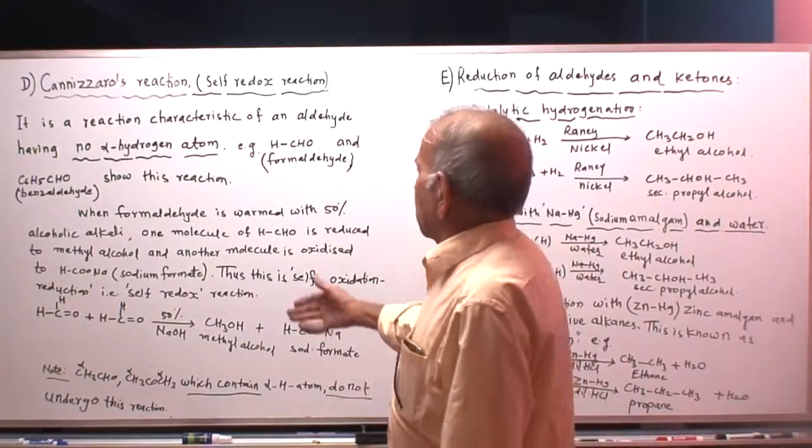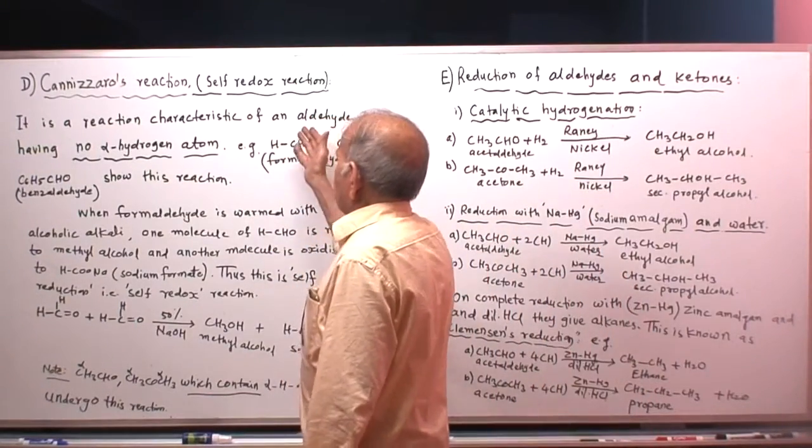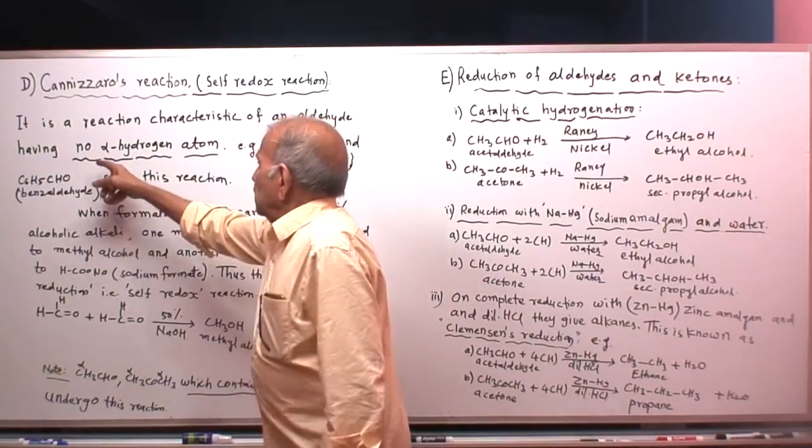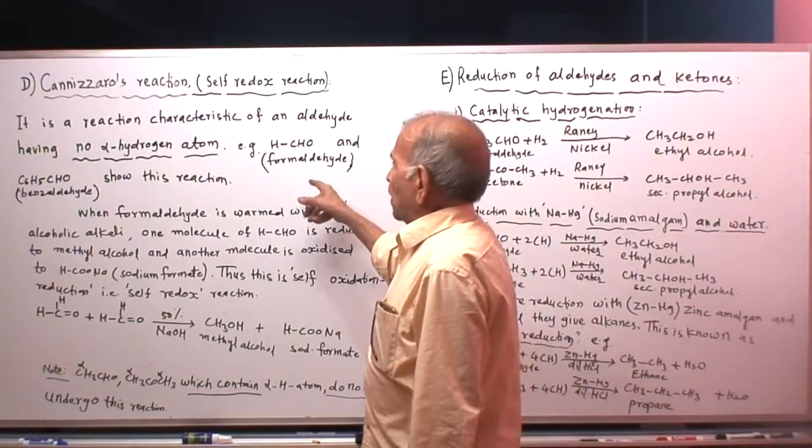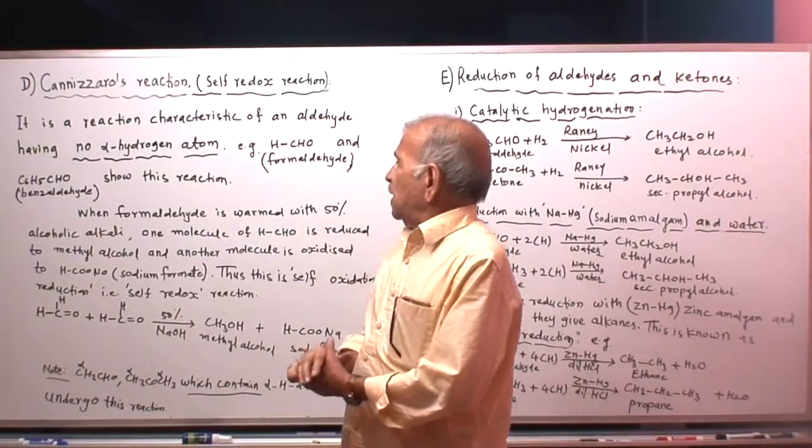Cannizzaro's reaction is a reaction characteristic of an aldehyde having no alpha hydrogen atom. For example, formaldehyde and benzaldehyde show this reaction.